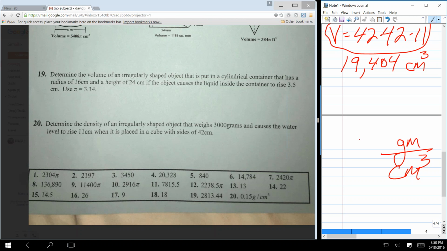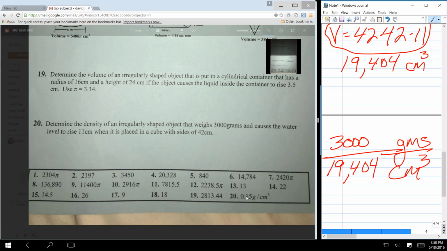Well, in order to get that, I got to divide 3,000 grams, which is what the thing weighs, by the volume of it, which was 19,404 cubic centimeters. And you will find that that number is 0.15 grams per cubic centimeter.